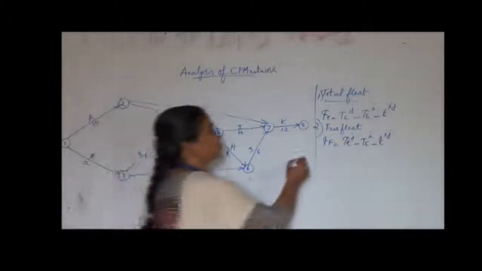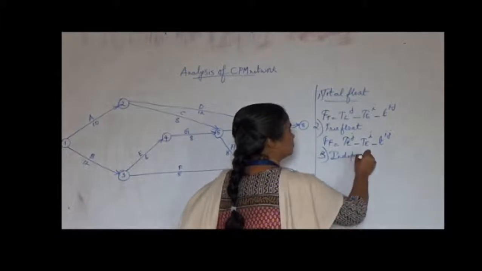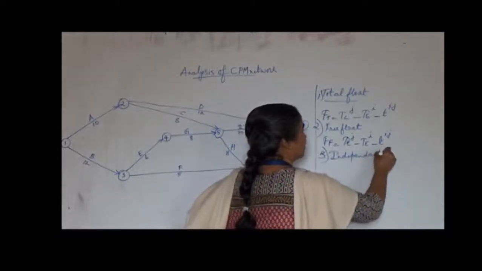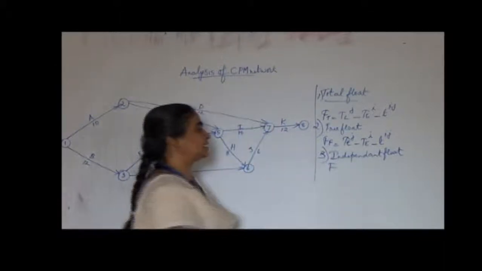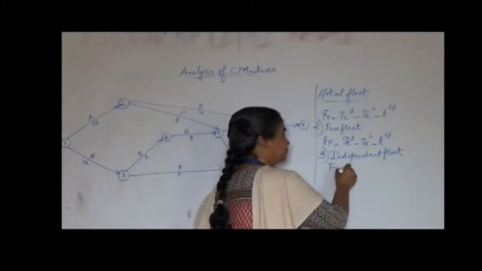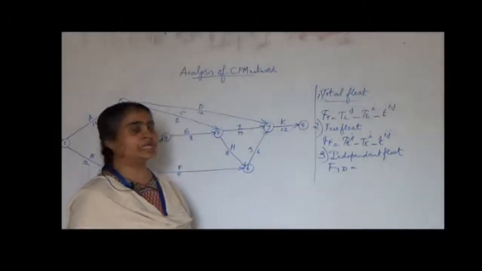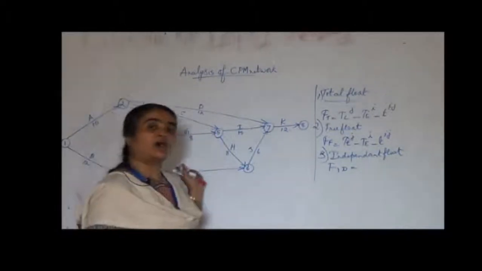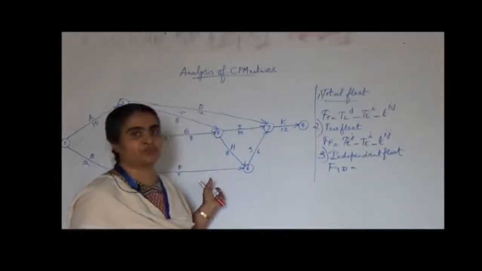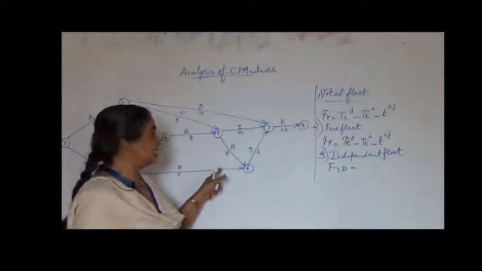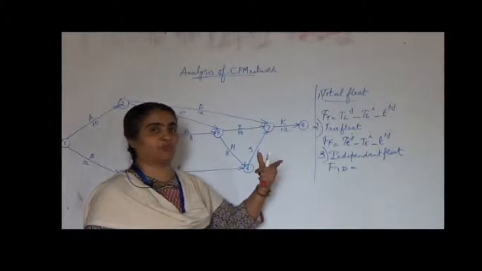The third type of float is independent float, given by the letter FID. Independent float is the excess time available if all the activities leading to it finish as late as possible and the successor activity has to start as early as possible.